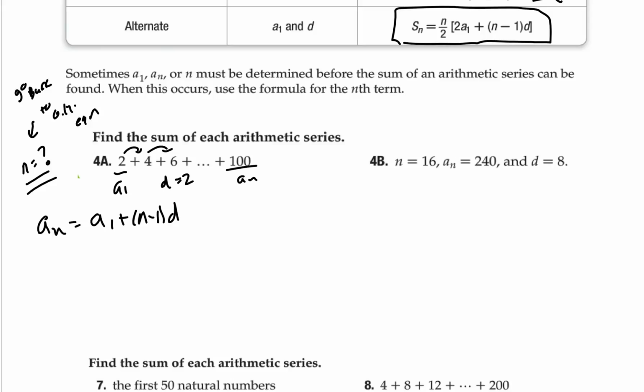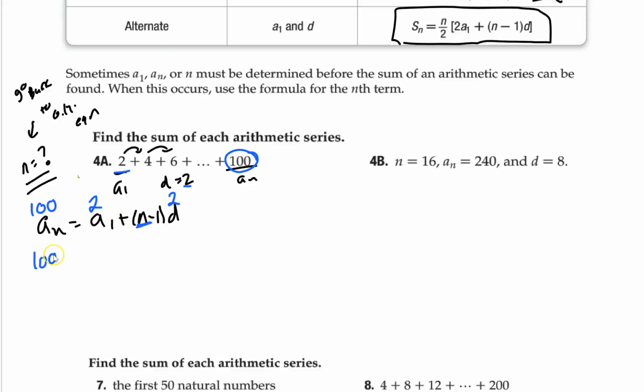Like we talked about before, I have things. I have A1, 2. I have the common difference, also 2. And right here, AN, that's 100. The only thing I'm missing is N. Anytime you're missing a certain term, always go back to the original formula.